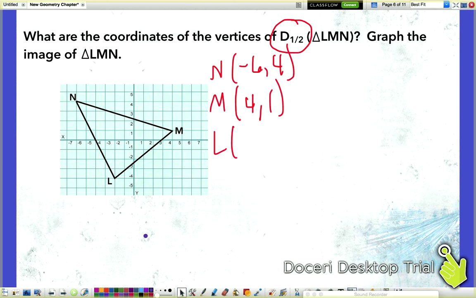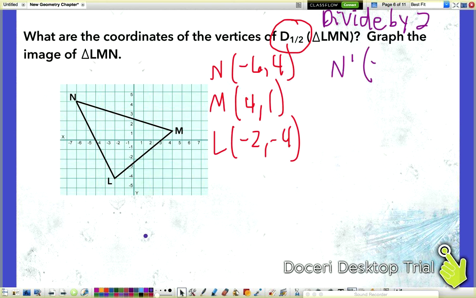And L is -2, -4. So N prime, we're going to divide everything by 2. Okay, so we would have -3, 2.